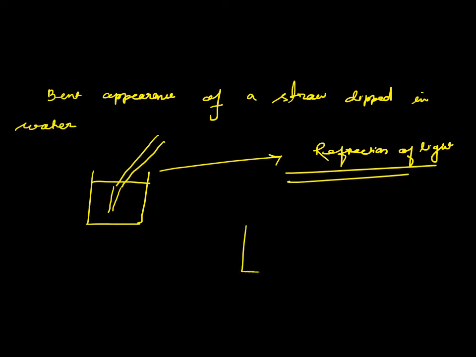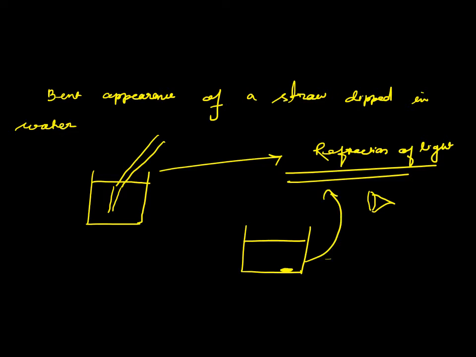If you take a coin and keep it at the bottom of a container and try to observe it from a distance, it's quite possible that you won't be able to see the coin. But at the same time, someone pours some water, the coin starts becoming visible to you. Now, this can also be attributed to refraction of light.